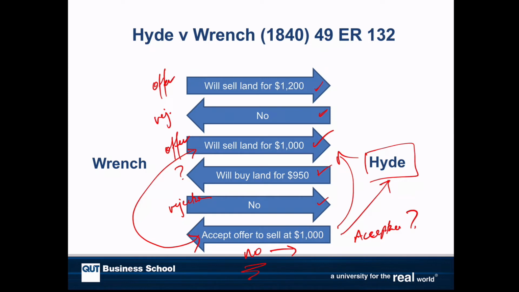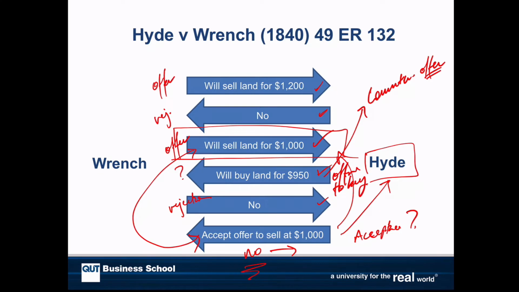So the question becomes, what's happened here, right? And what the law says, what Hyde and Wrench says, is that this is what's called a counter offer. So this is in fact an offer to buy the land.